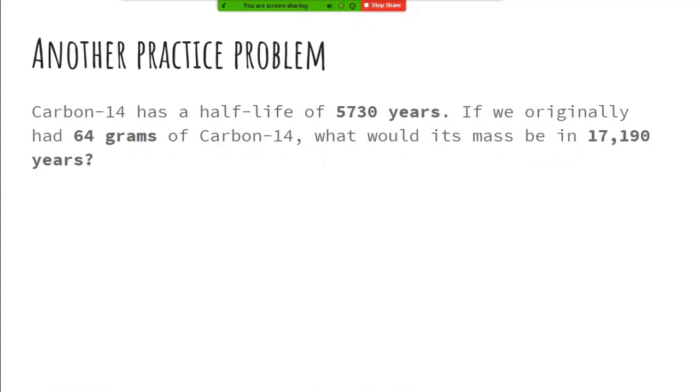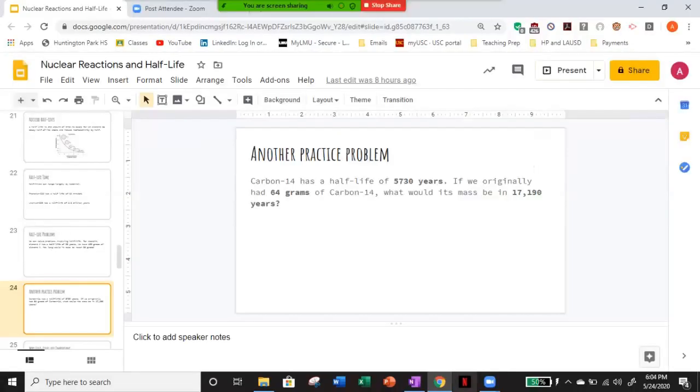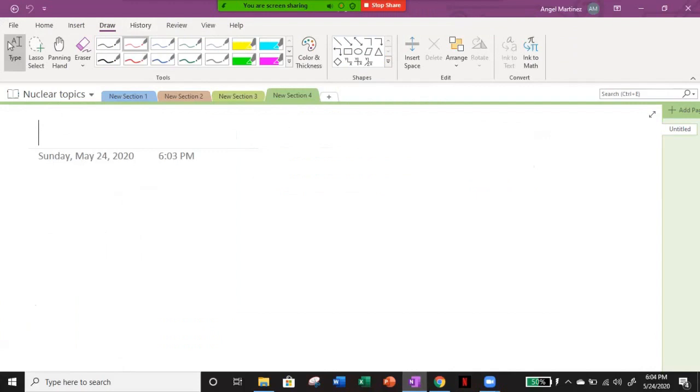Carbon-14 has a half-life of 5,730 years. We originally had 64 grams of carbon-14. What would its mass be in 17,190 years? In this case, we know how much time has passed, but we want to know the final mass, so it's basically the opposite of the other problem. Let's write down what we know.